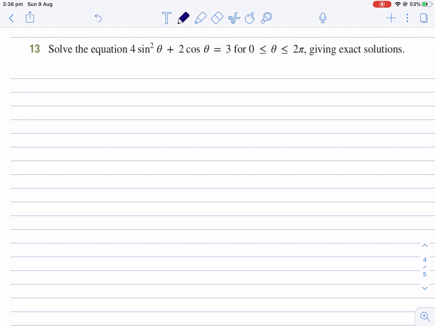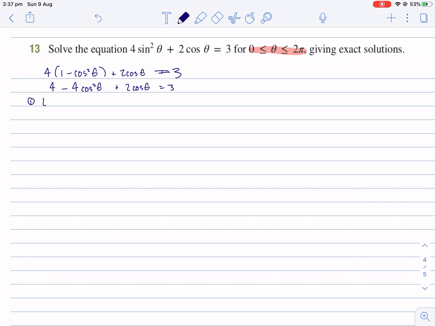This one. So sine squared is 1 take cos squared. So I've got 4 outside of 1 take cos squared theta plus 2 cos theta equals 3. And here we're just the normal all the way around. So I've got 4 take 4 cos squared theta plus 2 cos theta equals 3.